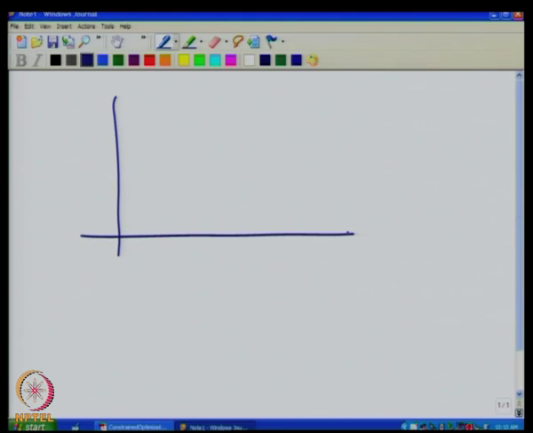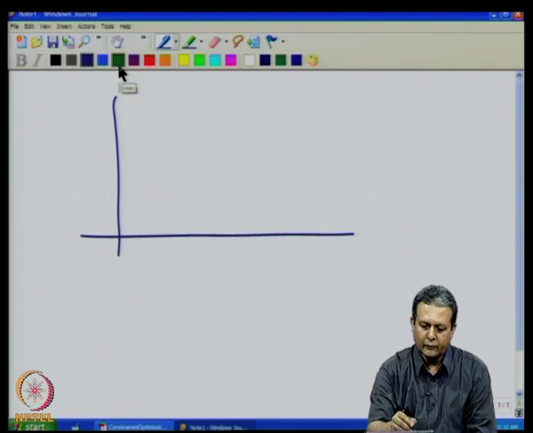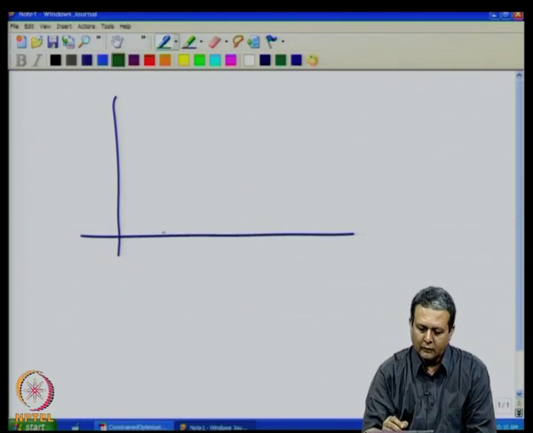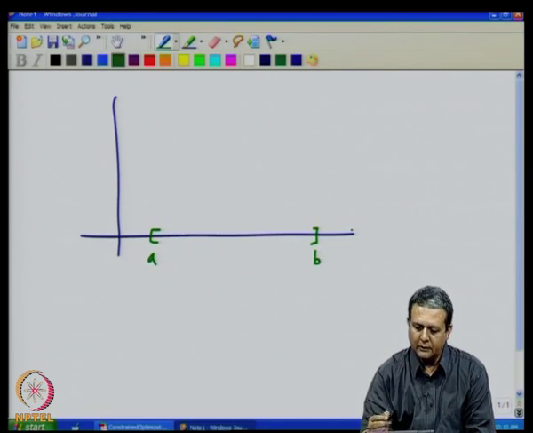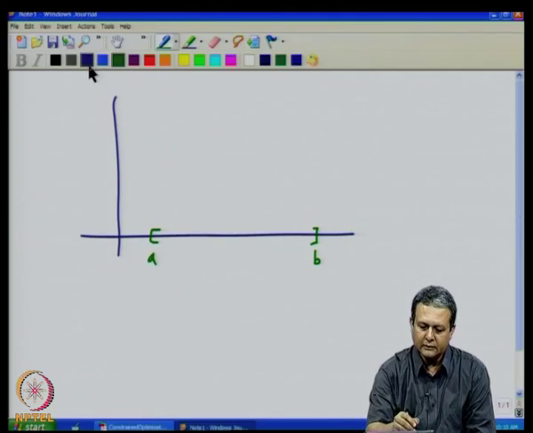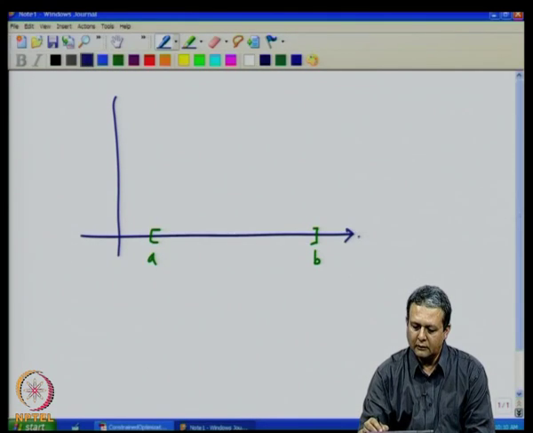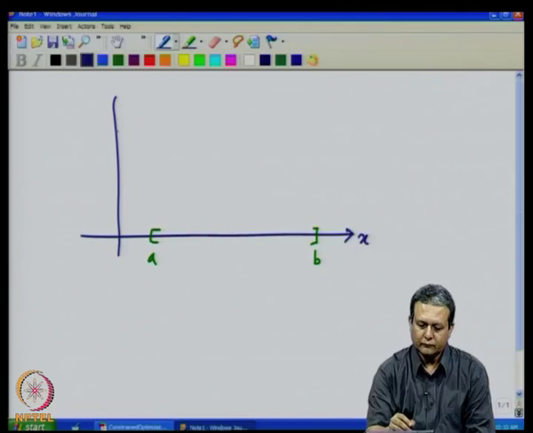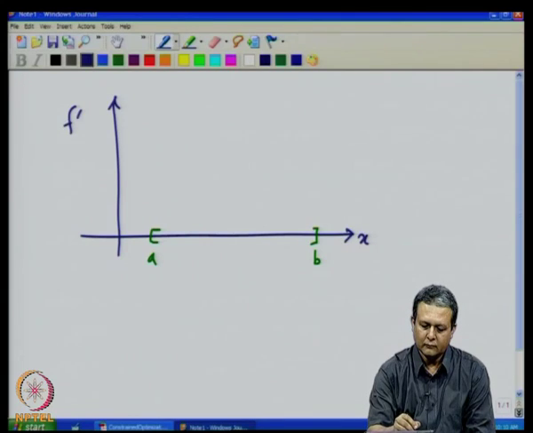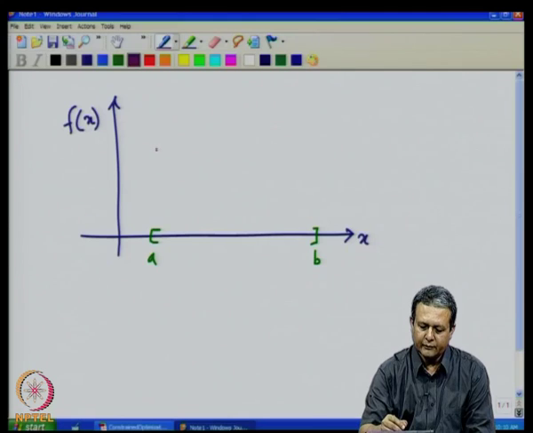So, suppose we want to minimize a function. Suppose that this is an interval that we are looking at, and the function is one dimensional, and suppose the function is something like this.